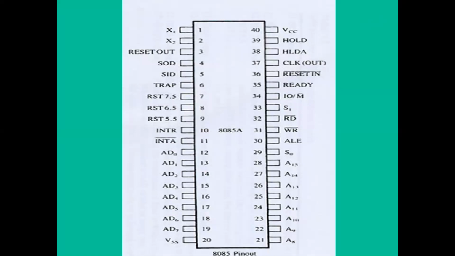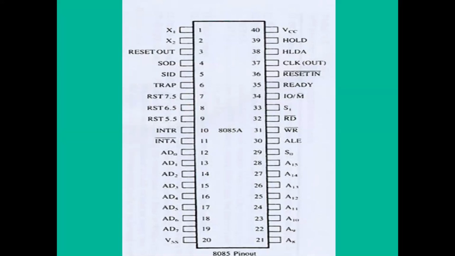For example, if there is a switch as your input and at the output side an LED bulb, when the switch is on, your LED will be on, and when the switch is off, your LED will be off. To perform this operation, pin number 34 will be high, because it is connected to the input and output devices external to the microprocessor.